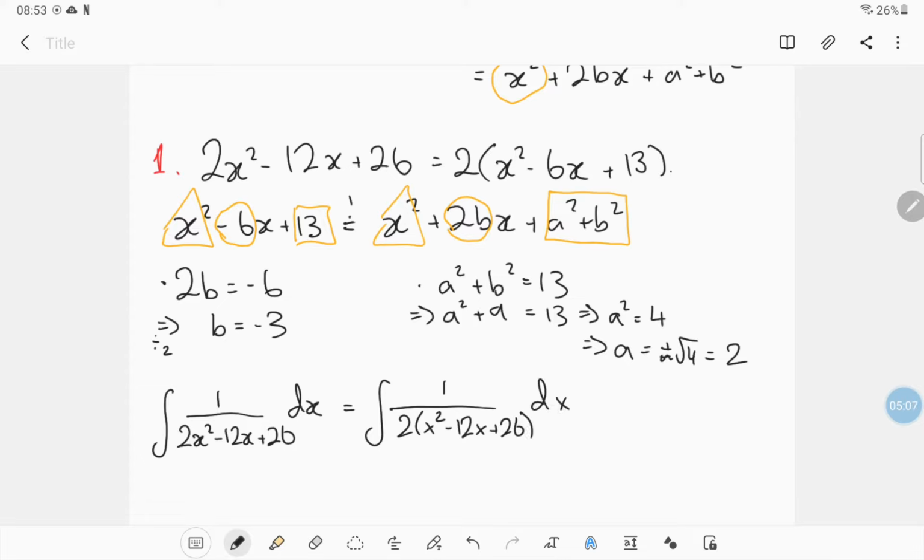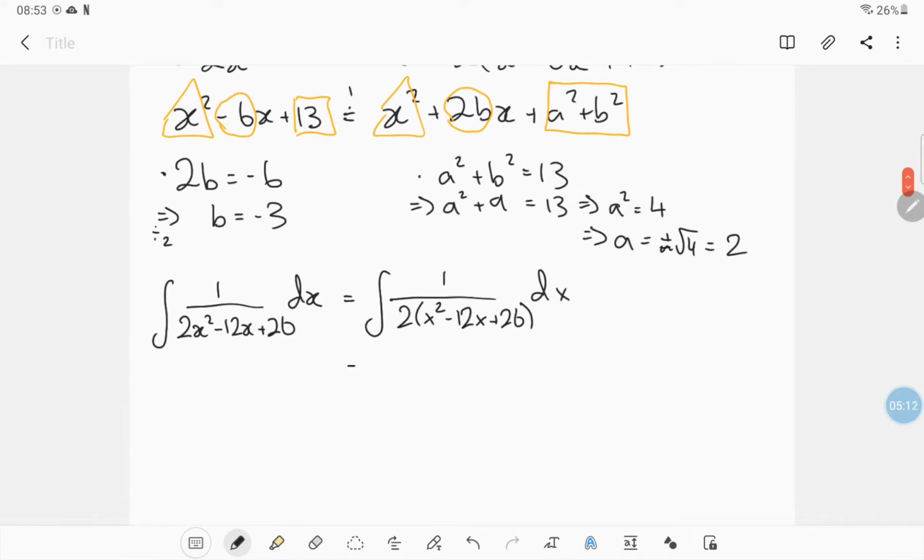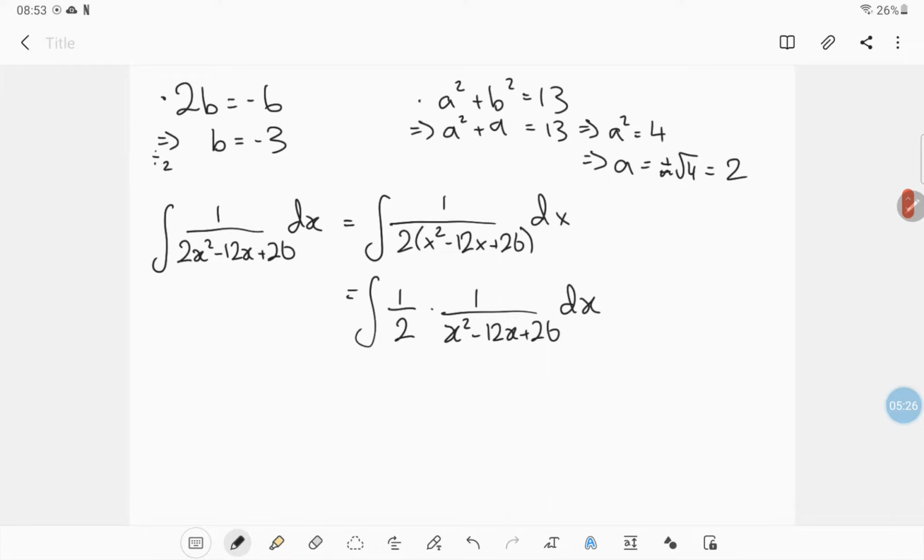And you see that 2 there is divided by 2, which is the same as a half. And so now I wouldn't write this next line, but I'll just to show you exactly what's happening. So this is the same as this. Okay, and then a constant multiplying can be taken out as a constant. So I wouldn't include this line if I was doing it myself.